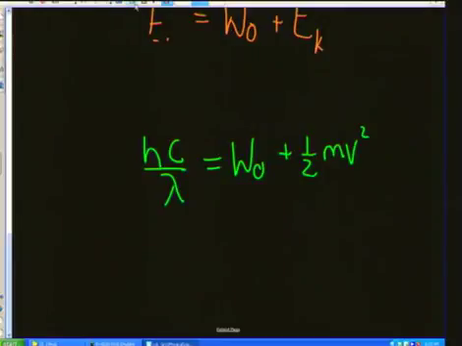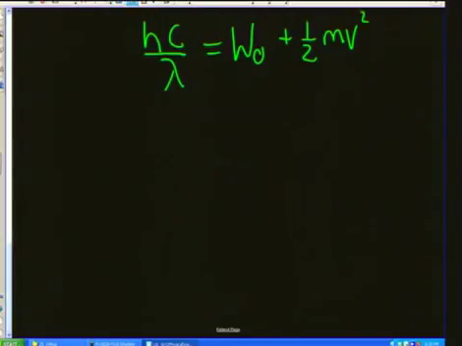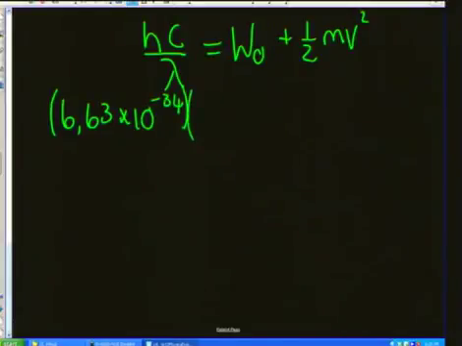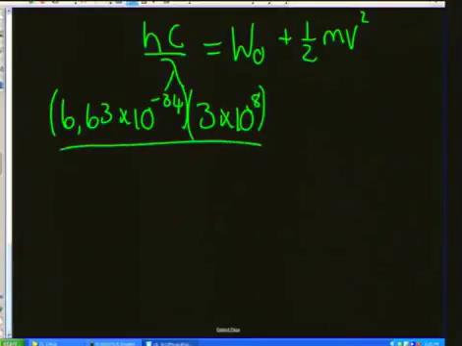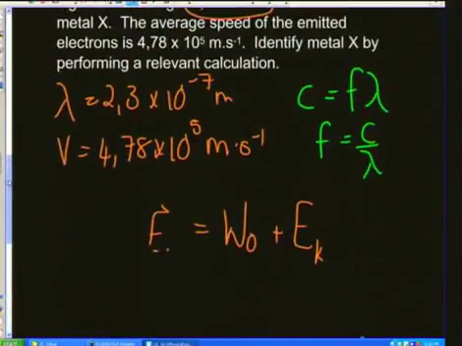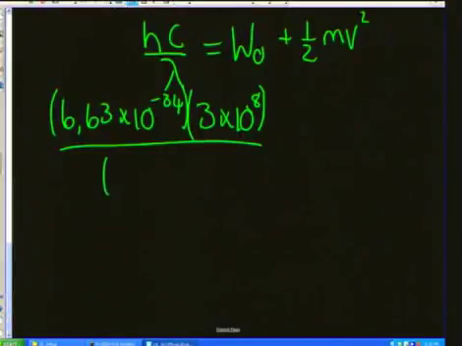So let's put in everything we know. Okay, so h is 6,63 times 10 to the minus 34. c, speed of light, hopefully you all know this, 3 times 10 to the 8, I almost said 6, that would have been sad. Lambda, if we go back to the question, they said it was 2,3 times 10 to the minus 7.